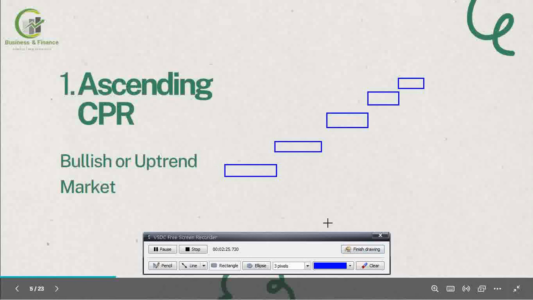Now the second step is to identify the market closing of the previous trading session.